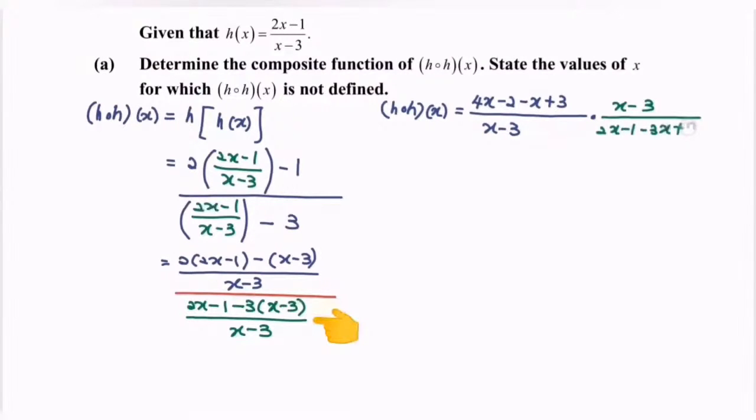So simplify the situation and we will have h∘h(x) is equal to, 4x minus x, we will obtain 3x plus 1, over 2x minus 3x, and we will obtain negative x plus 8 after we simplify the situation.